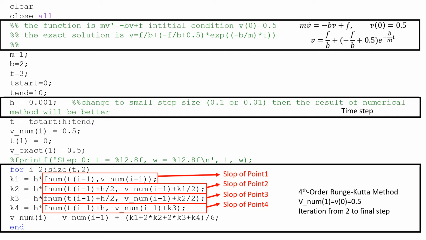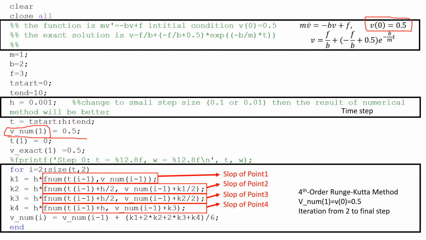So then we will try to generate our first point, because v number 1 means the initial value, at time equal to 0. So v1, the initial value, is 0.5 here.